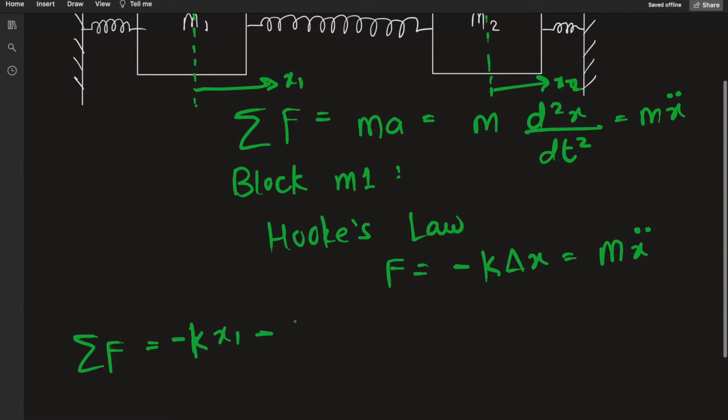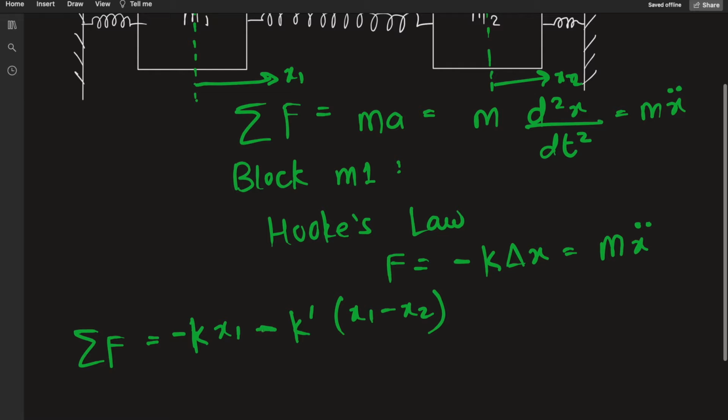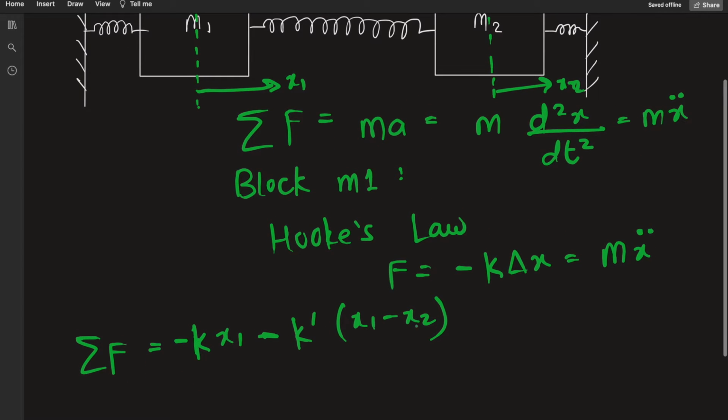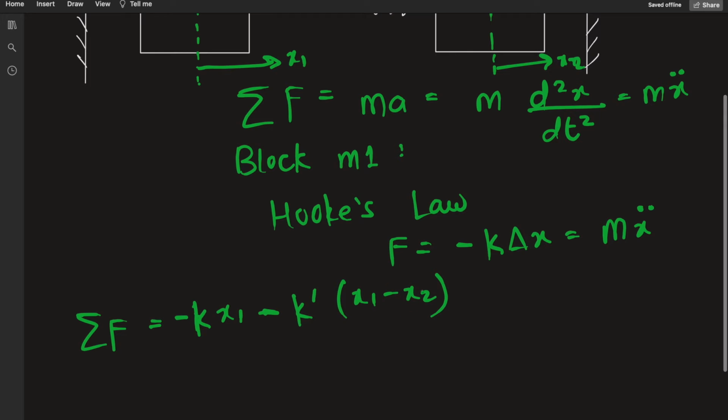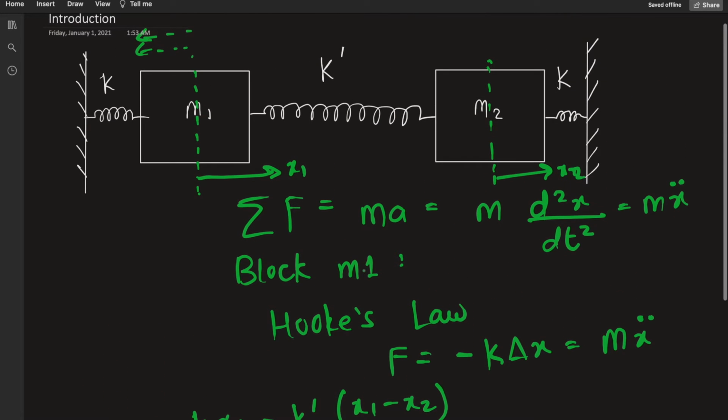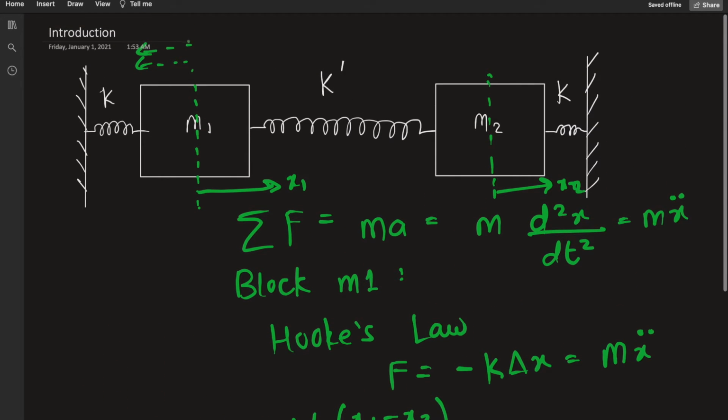So to denote that, we have to write x1 minus x2 with a negative sign, because when x1 is greater than x2, this term is positive, and then this total term negative k prime times x1 minus x2 will be negative, because this inner term is positive. And that, as I explained, will help us denote that the restoring force is acting to the left.